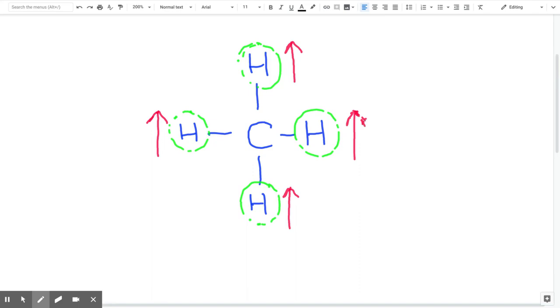Now, that magnetic field is going to be small. It's going to be a tiny magnetic field by each of the small protons, each generating their own magnetic field.